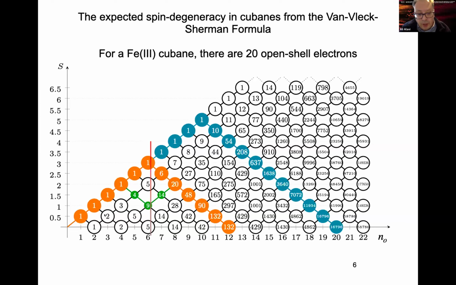But if you have, for example, these iron cubane systems, each iron has, say, 5 open shell 3d electrons, and so that in the cubane leads you to 20 open shell electrons. And then you can see that according to the spin branching diagram, the ground state wave function of that system would consist, in the spin 0 case, of over 16,000 CSFs.